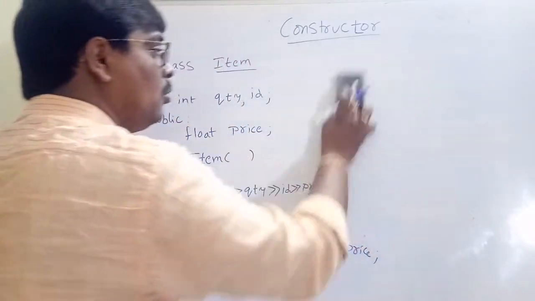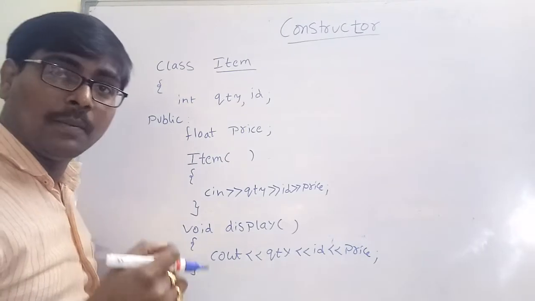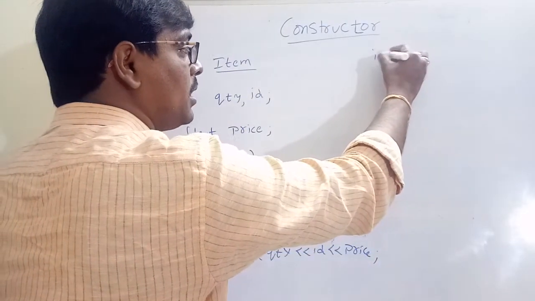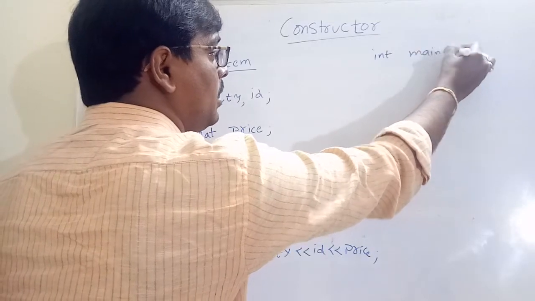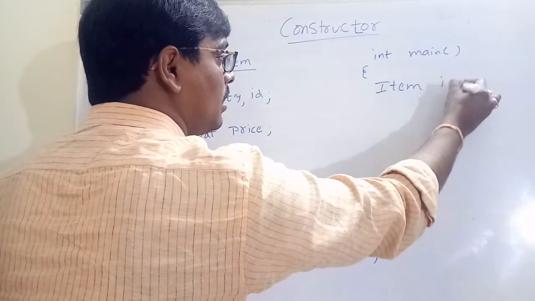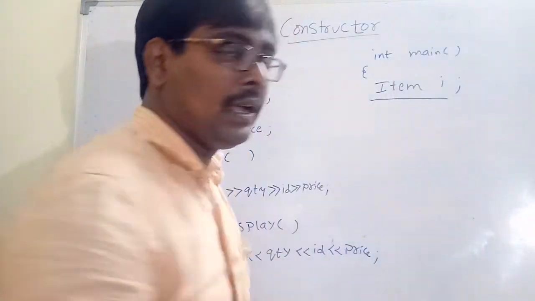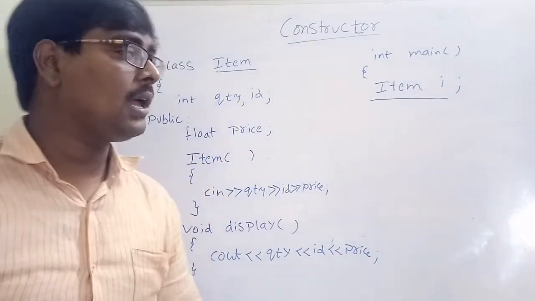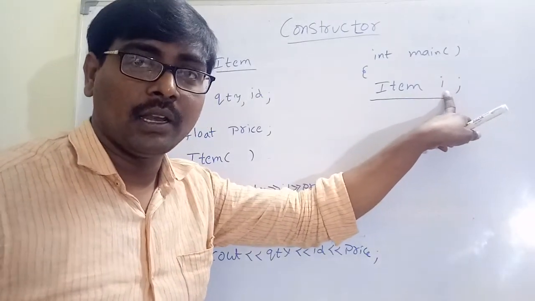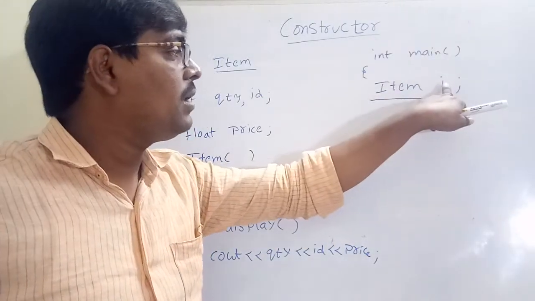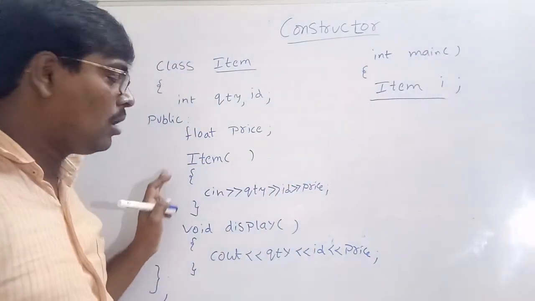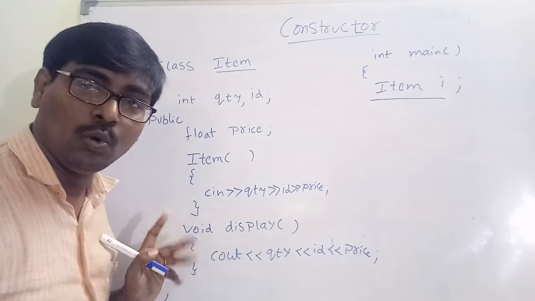Now observe. How to access the members? The members are accessed by creating an object. So I am creating an object in int main: item I. This is the way to create an object. Actually, whenever an object is created, the constructor is called automatically, no need to call.